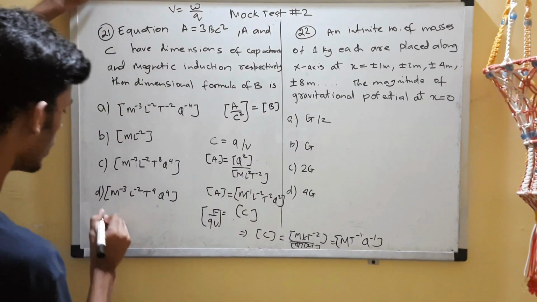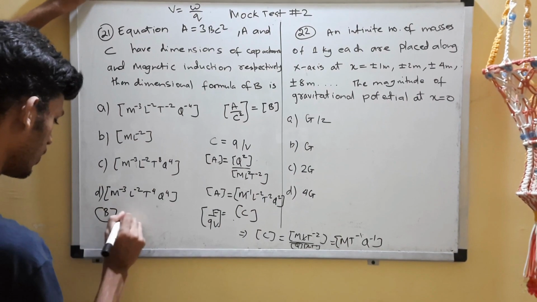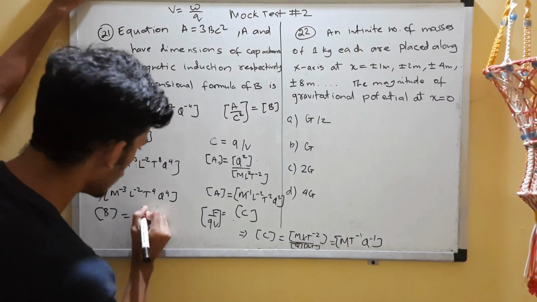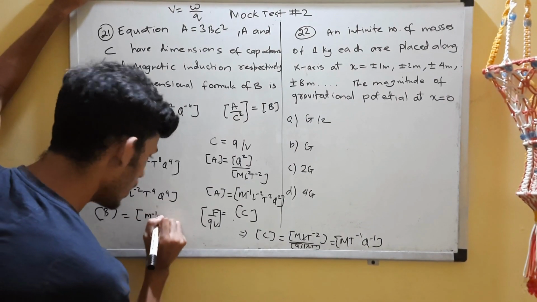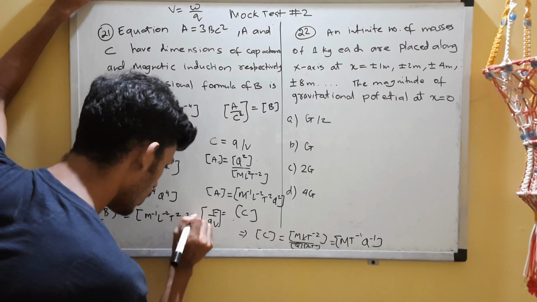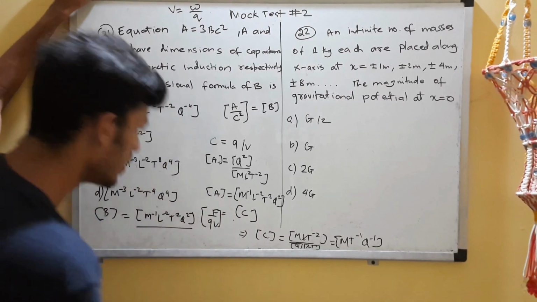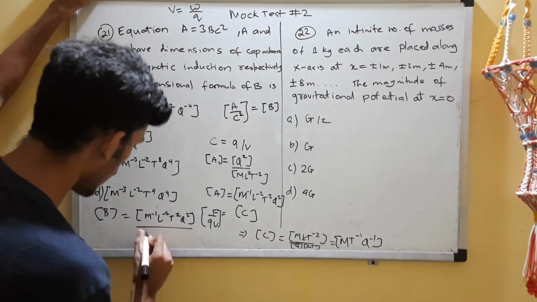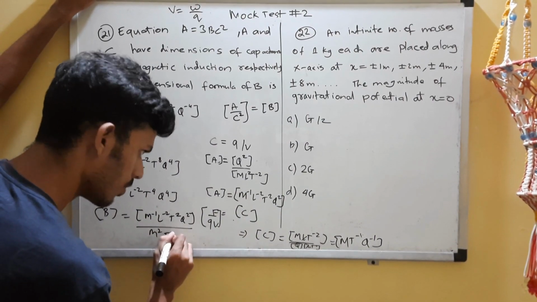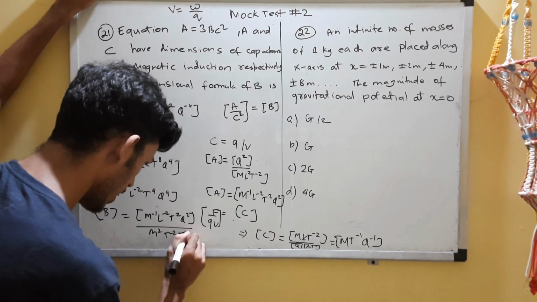Let's substitute it over there and get the dimensional formula of B. Dimensional formula of A, which is M minus 1 L minus 2 T raised to 2 Q raised to 2, upon C square, so square of this: M square, T raised to minus 2, Q raised to minus 2.